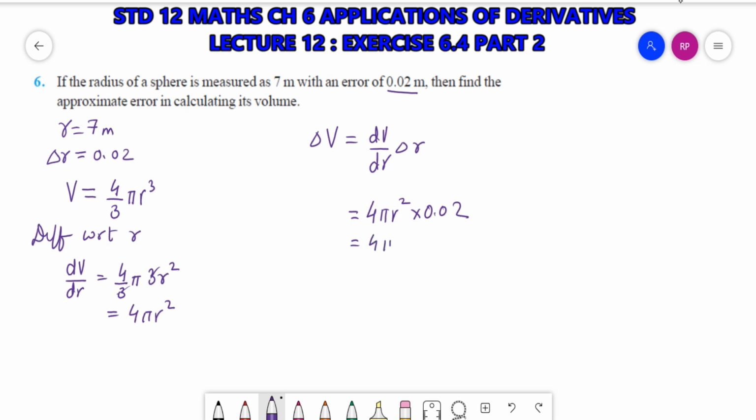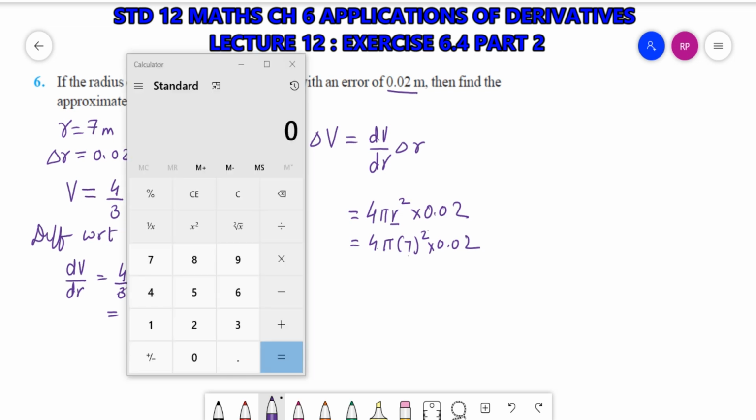This will be 4 pi r square. What is r? 7. 7 square, that is 49, into 4 into 0.02. Let's calculate. So it will be 4 into 49 into 0.02, that is 3.92 pi.